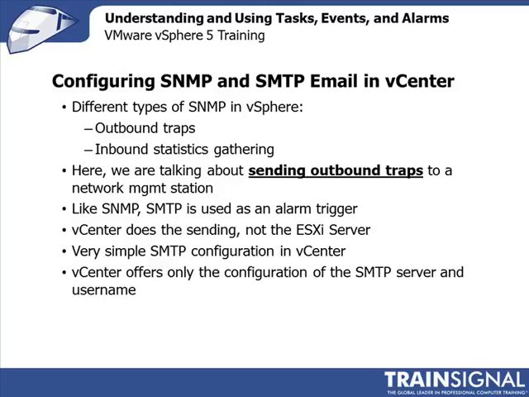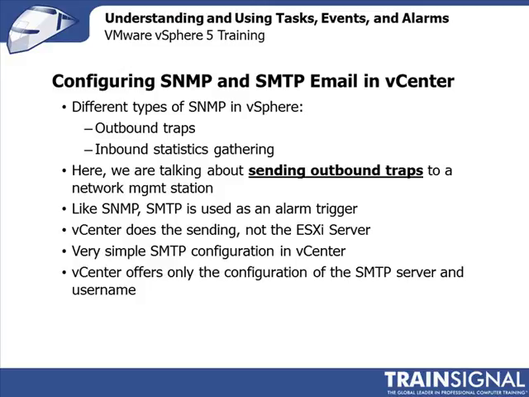The same way SNMP is triggered by an alarm, SMTP is also triggered by an alarm. I'm going to show you where you can go to configure that. Anytime an alarm gets triggered, a threshold that's been breached or met, the SNMP trap is going to capture that, but you can also have the SMTP send an email, send a text message, whatever the case might be, alerting you that something's up here.